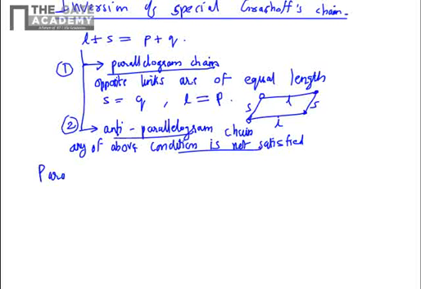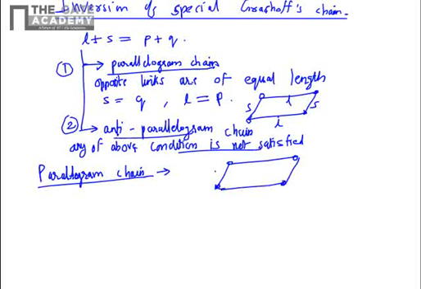In the case of the parallelogram chain, we have the diagram like this. If you talk about inversions, like we discussed earlier, inversions are the different mechanisms obtained by fixing different links in a kinematic chain.